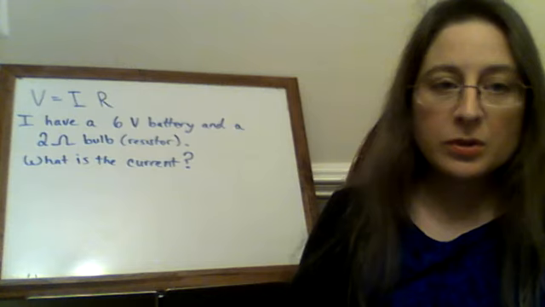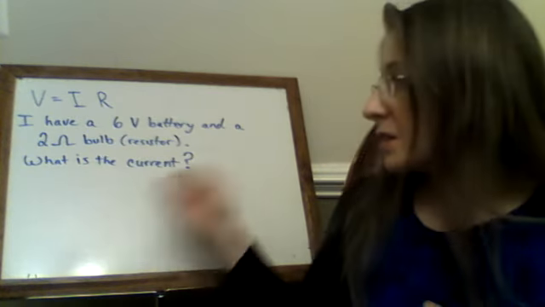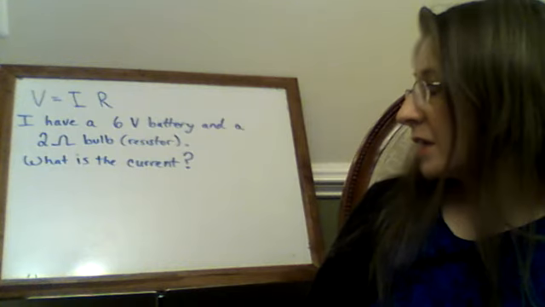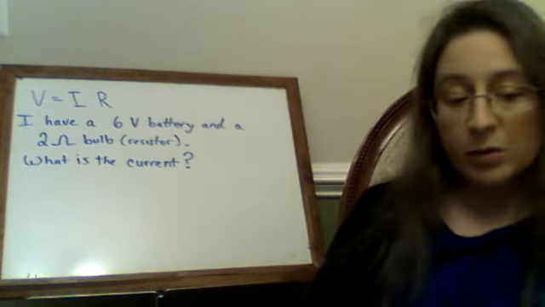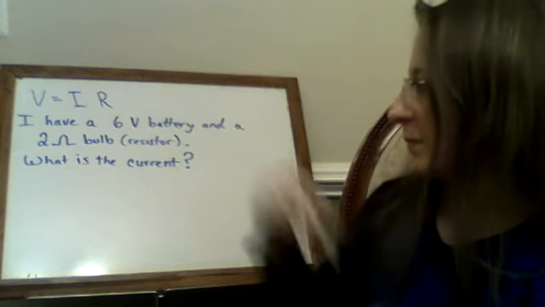And so we'll do one little quick problem just to make sure we're familiar with Ohm's law. So I have a 6-volt battery, and it has a 2 ohm bulb, which is the resistor. What will the current be in that circuit? So Ohm's law is super easy. Just plug in.